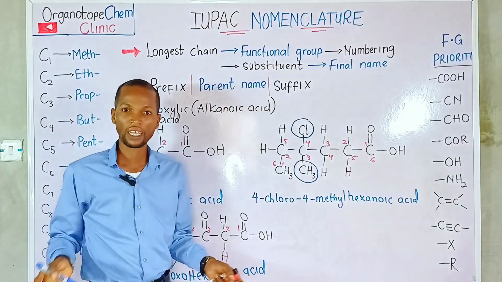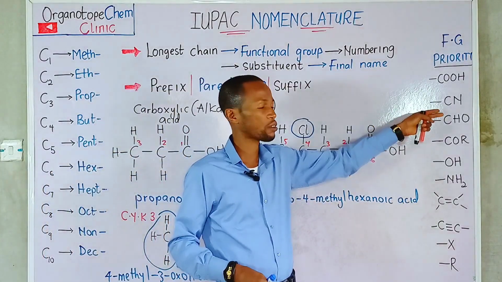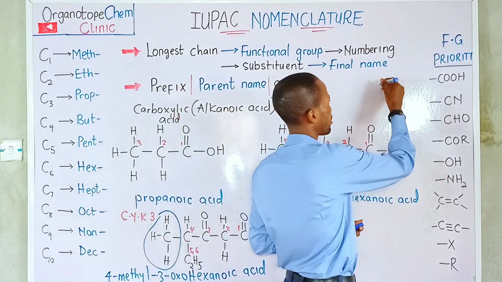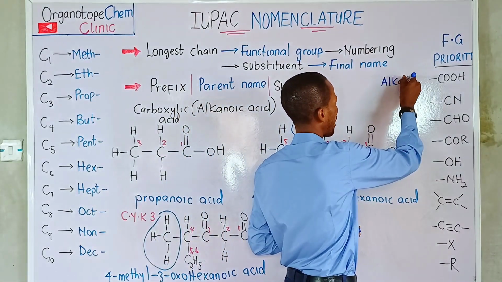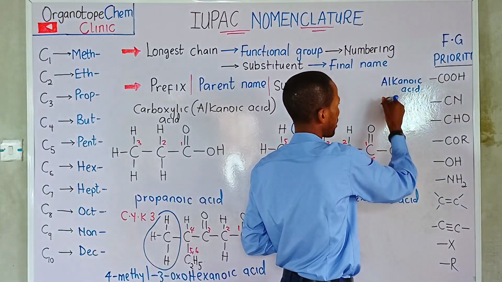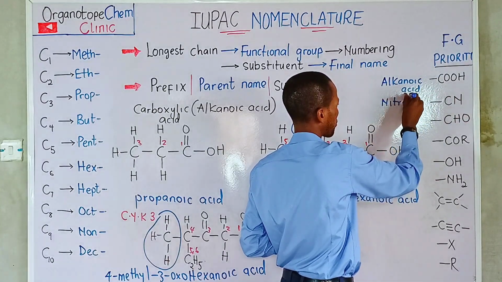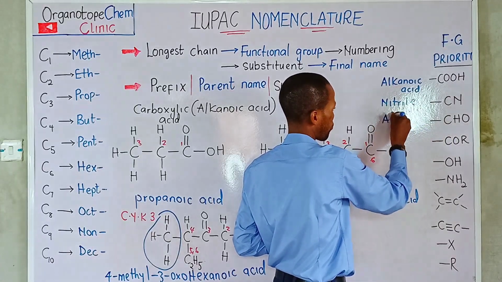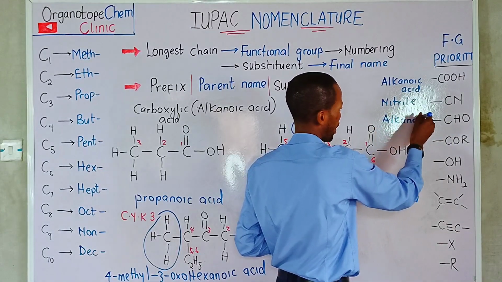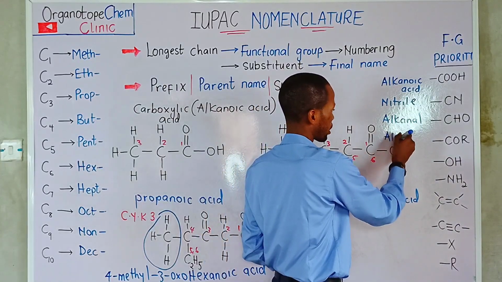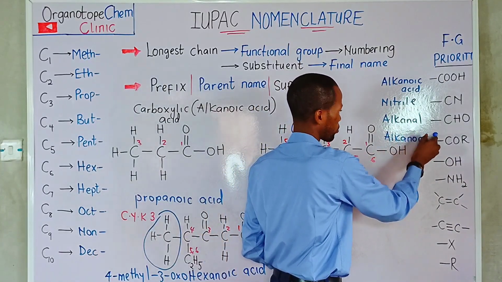Make sense? All right, can we identify other functional groups in the priority list right here? We have the alkanoic acid functionality. We have the nitrile functional group. We also have the alkanal functionality, which is the aldehyde. We have the alkanone functionality, which is the ketone.